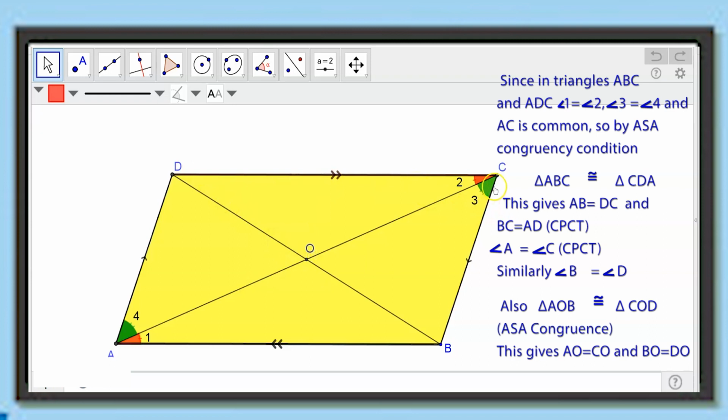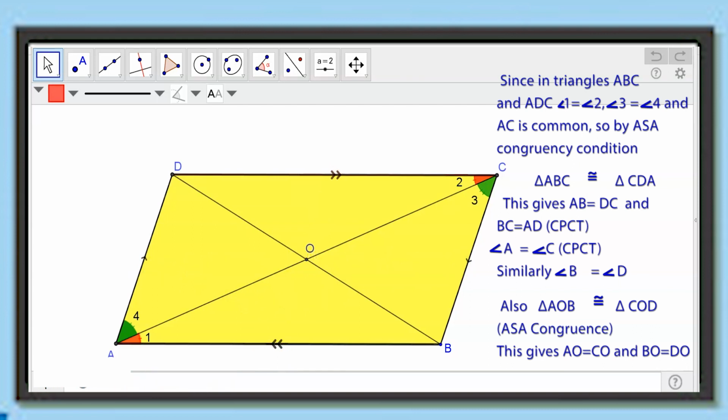Similarly, we can also say BC has become equal to AD. Why? Because again, these are the two congruent parts of two congruent triangles that we have already shown. So now by this proof, I should be able to tell that the opposite sides of a parallelogram have become equal.